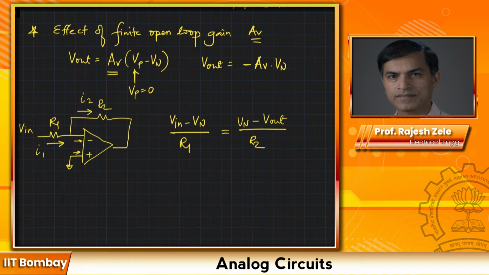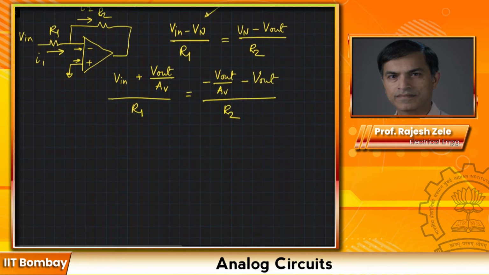Now we can substitute the Vn value from here, and we will get (Vin + Vout/Av) divided by R1 is equal to (-Vout/Av - Vout) divided by R2. So I'll let you do this math, and the final result will be gain. Again, what kind of gain is this? This is closed loop.